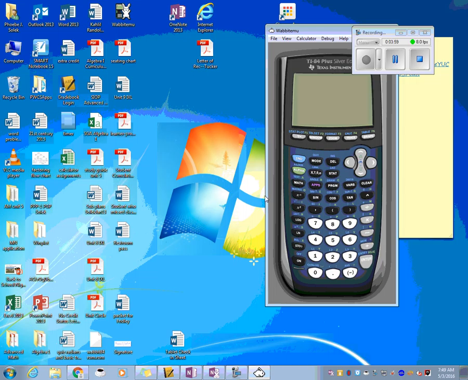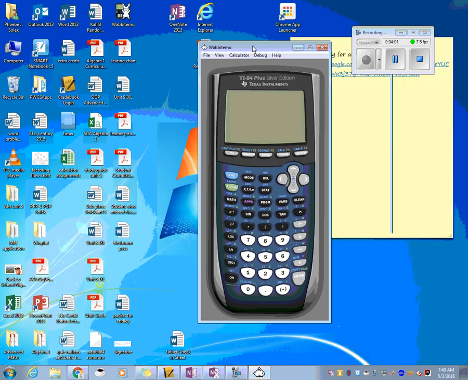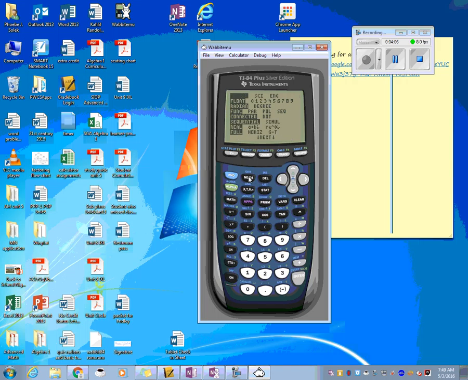So here's my calculator. I'm going to graph the sine. First, my mode needs to be in radians, and it is. So I'm going to graph the sine. Y equals sine x. And so I'm going to look at that graph. That's what that graph compares to.